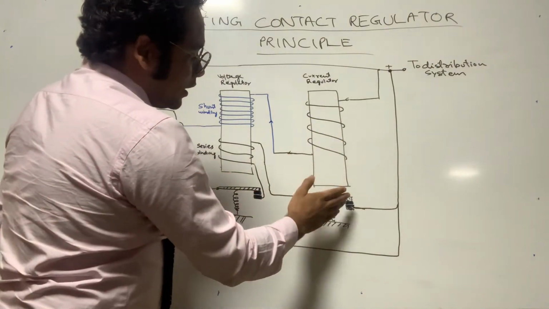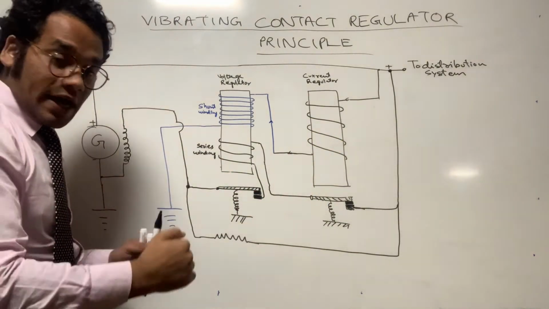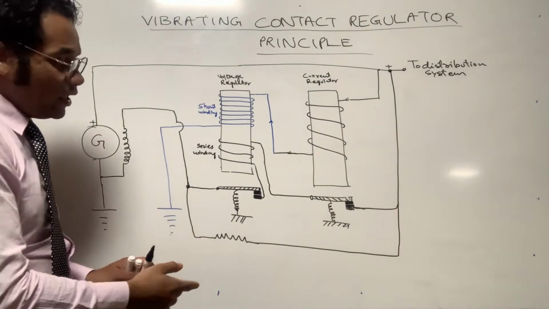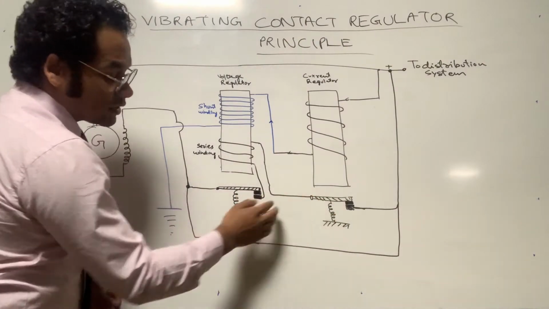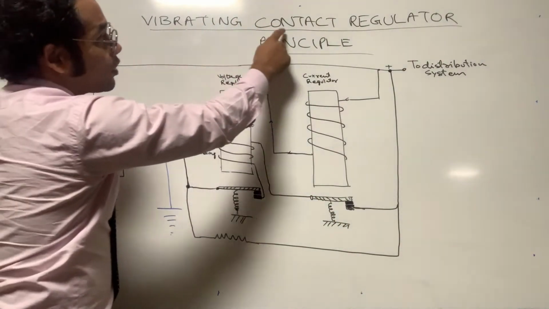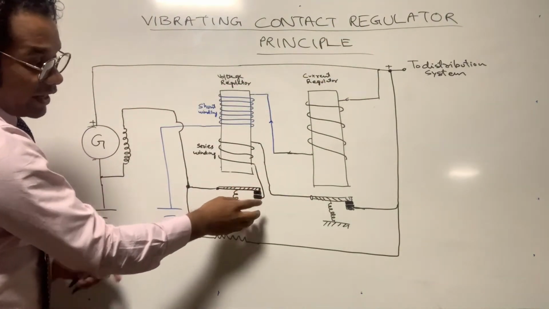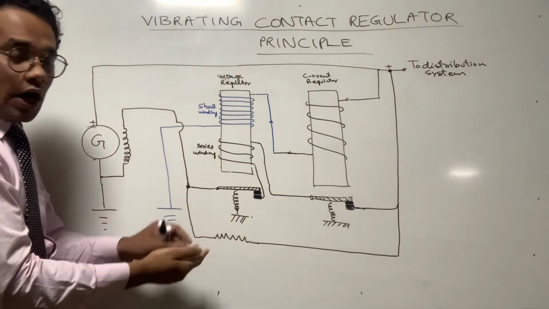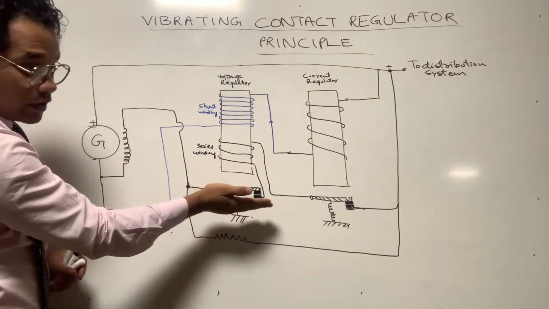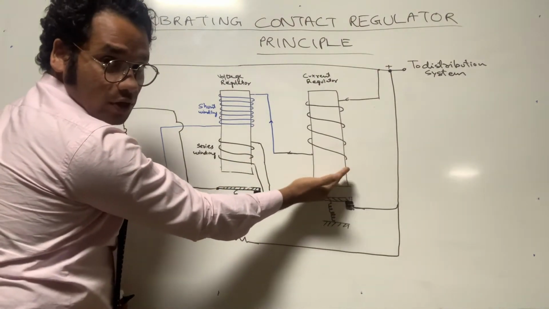Okay, next we do have some contacts which can open and close, which are called movable contacts. Okay, it is based on the movement of these contacts that the name of this regulator is kept. Vibrating contact regulator means these contacts can vibrate. Okay, how do they vibrate? This armature can open and close. Likewise, this side armature also can open and close.